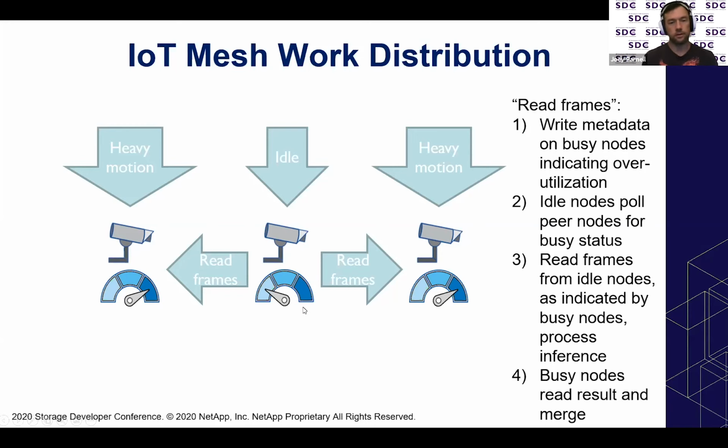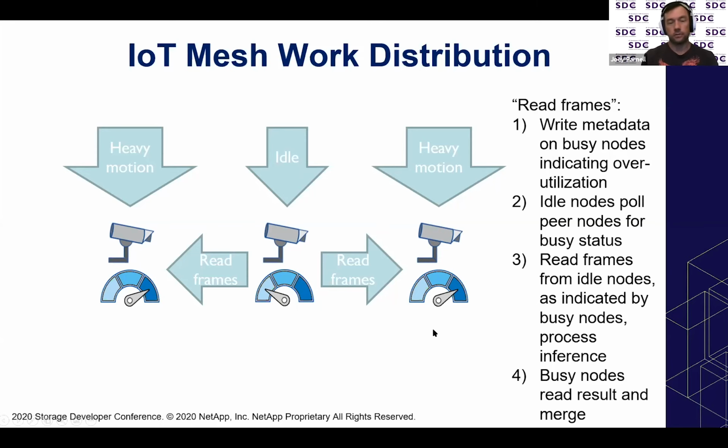What I'll describe here is the way that this idle camera can assist with a machine learning use case. The way this can occur, following the numbering on the right, is reading frames from the peer node. And the way we'll do this is to write metadata on the busy nodes to indicate that they're overutilized. So the nodes on the left and on the right are going to write metadata to a shared storage region saying, I'm busy.